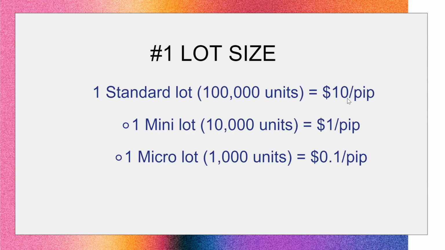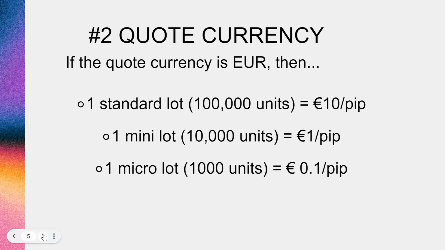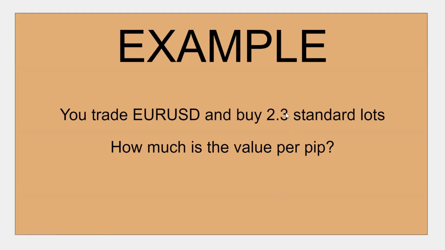So because we have 2.3 standard lots, you have to multiply $10 by 2, which covers the standard lot size. So we have $20, and then we have 2.3, so 3 mini lot size.